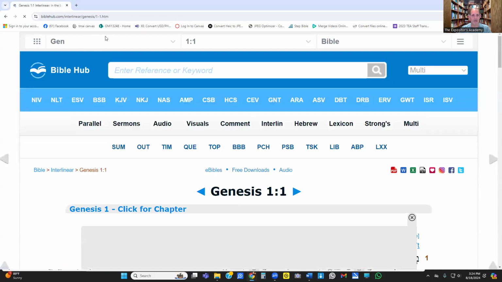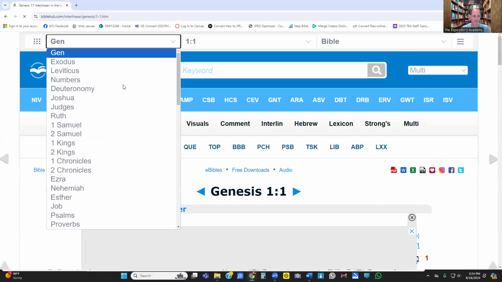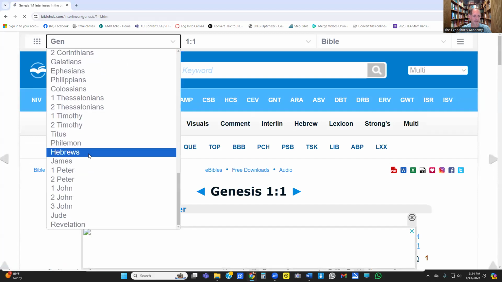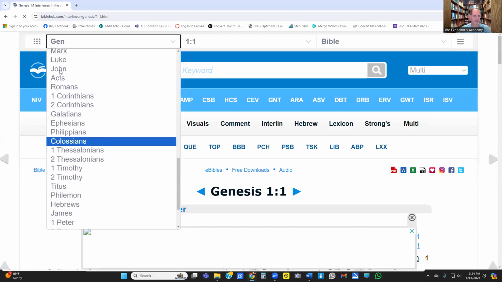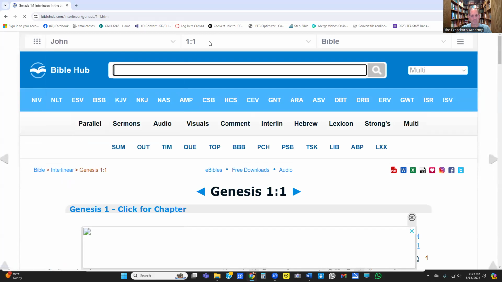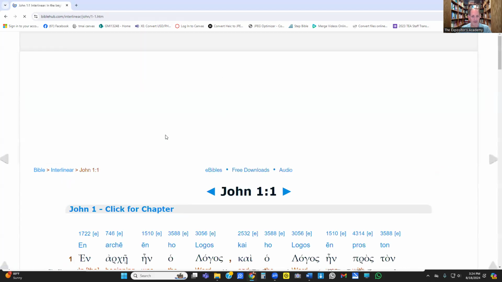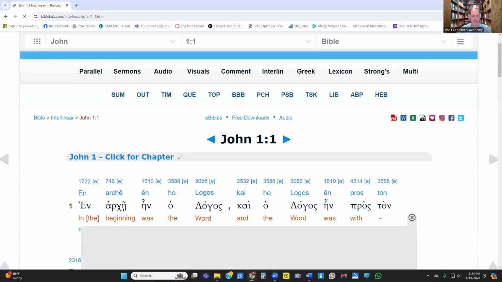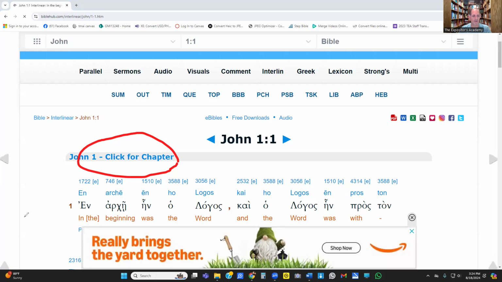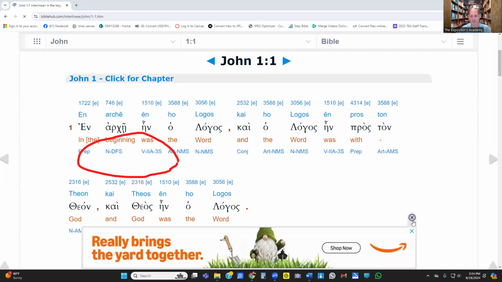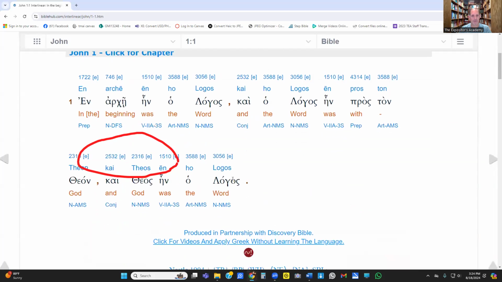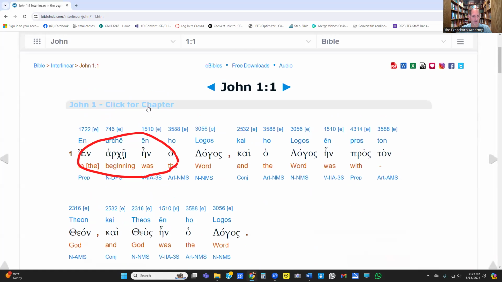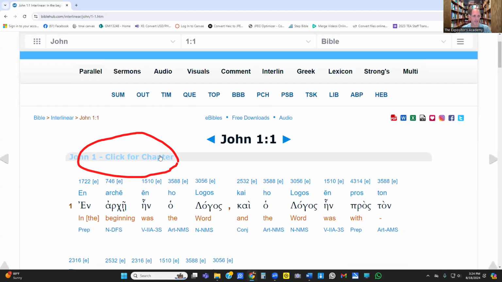So we're studying John 1, Gospel of John, chapter 1. All right, and I'm going to notice here, click for chapter right here. Right now it only shows one verse, verse 1 here. So I want to click for the chapter. So, if you notice it's right there, I'm going to click that.